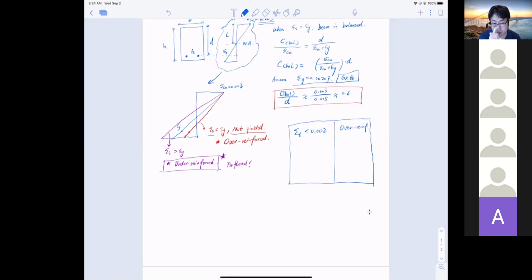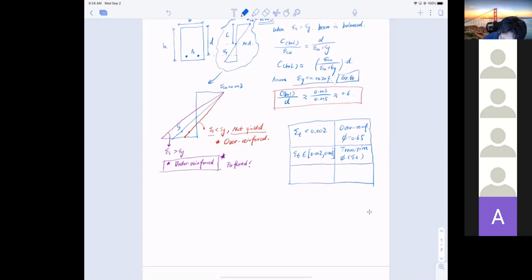And the strength reduction factor phi is 0.65. If epsilon T, the strain in the steel, is between 0.002 and 0.005, I call it transition, and phi has an equation as a variable of epsilon T, which we'll talk about.